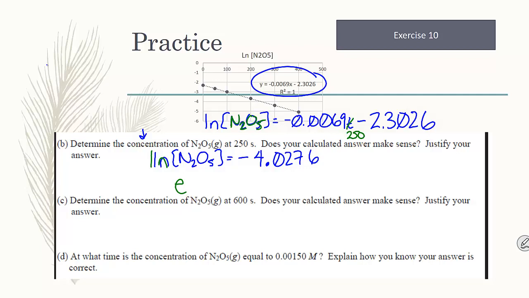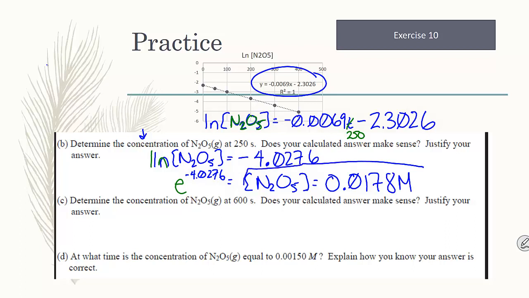So we're going to do e raised to the negative 4.0276. And that will give us the concentration of dinitrogen pentoxide, which is 0.0178. It's a concentration, so let's call it molarities.